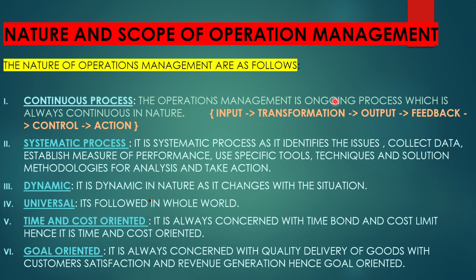It is an ongoing process since it takes knowledge or raw material as an input, transforms it via a transformation process, and as a result we get an output. Now this output can be in the form of a product or services.